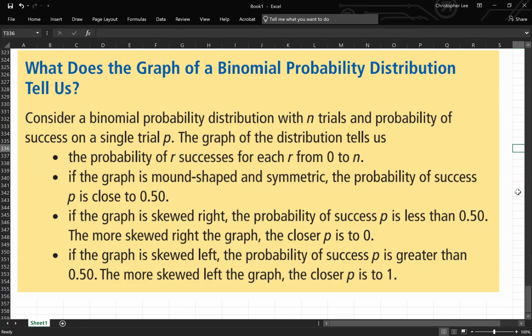If the graph is mound shaped and symmetrical, the probability of success p is close to 0.50. If the graph is skewed right, the probability of success is less than 0.50. The more skewed right the graph, the closer the probability is to 0. If the graph is skewed left, the probability of success is greater than 0.50. The more skewed left the graph, the closer p is to 1.